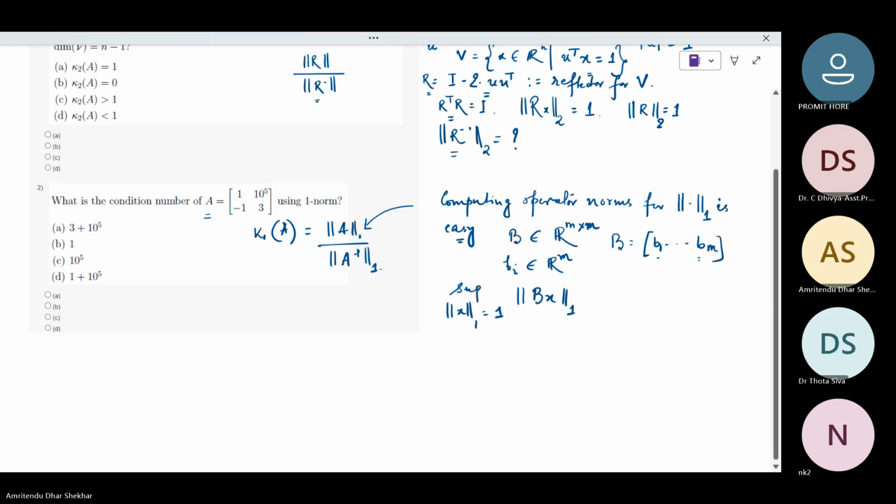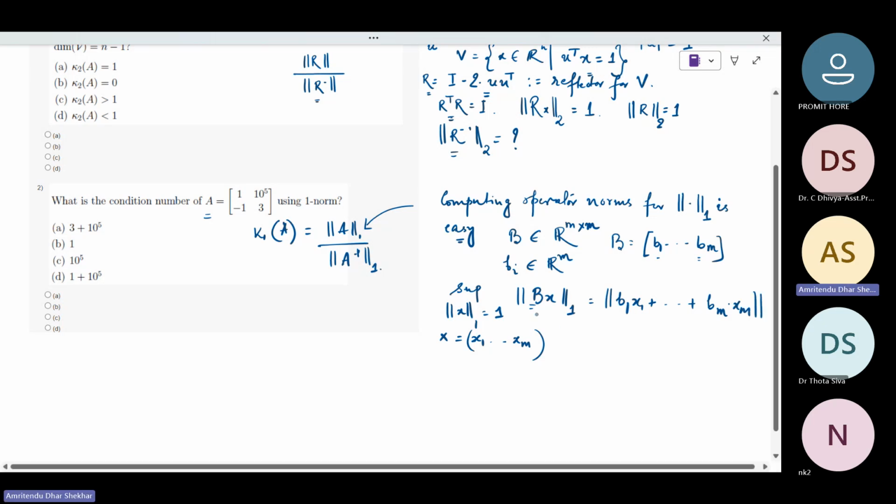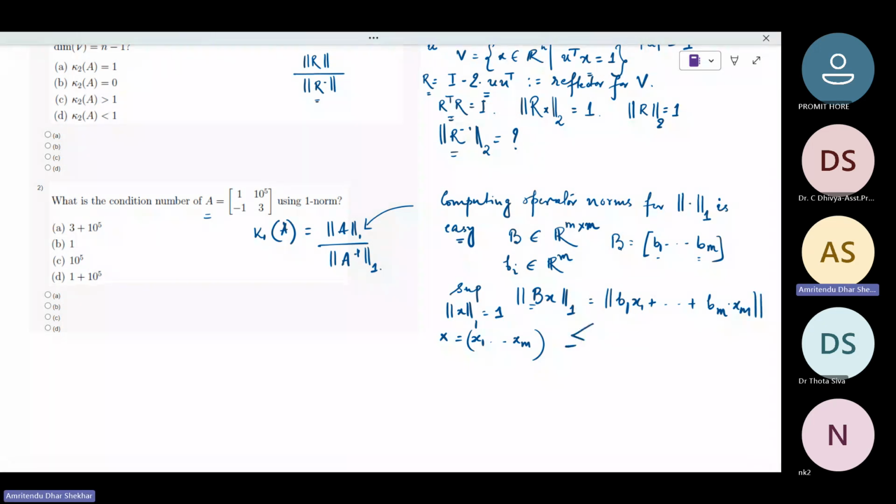If your x is x1 up to xm, then this is equal to the one norm of x1 b1 plus up to xm bm.